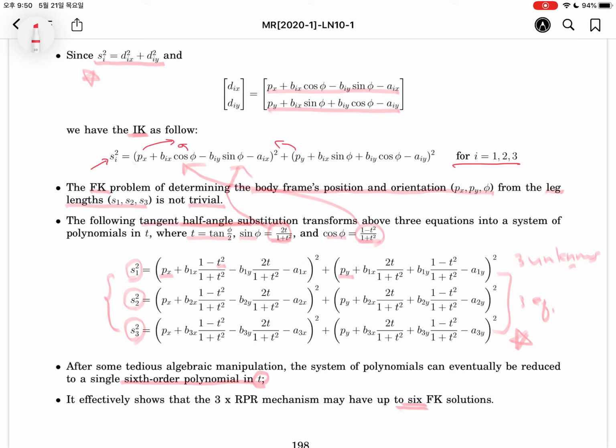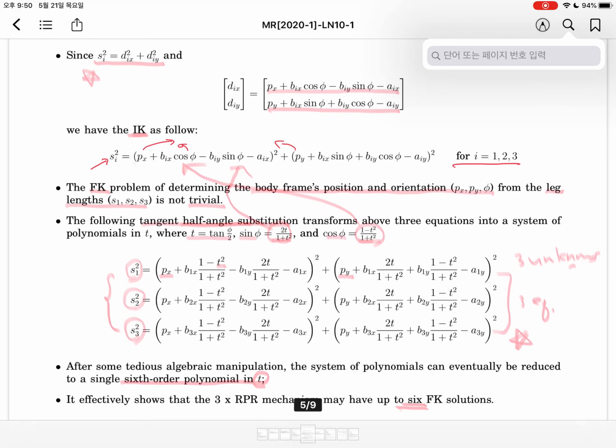It is very similar to the inverse kinematics of an open chain, which will have many solutions or no solution. That kind of concept is applied to the forward kinematics of a closed chain.